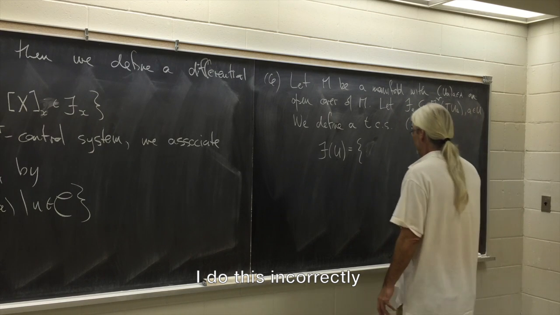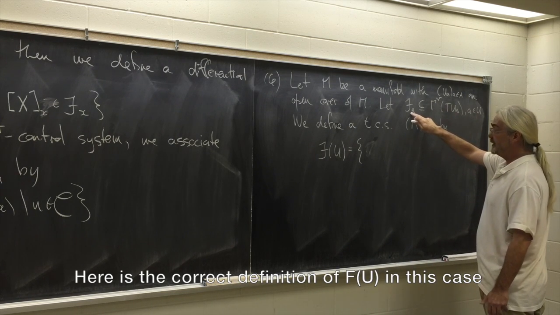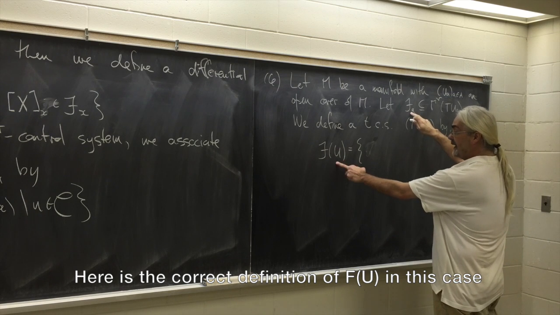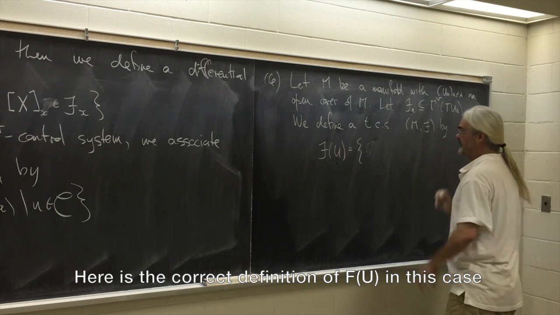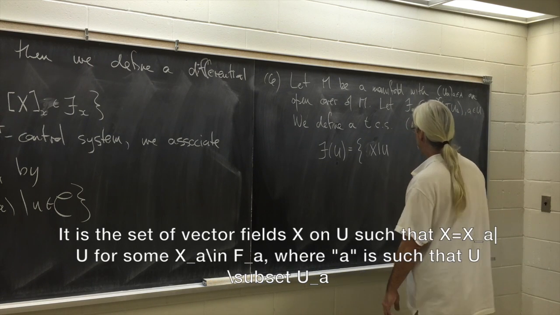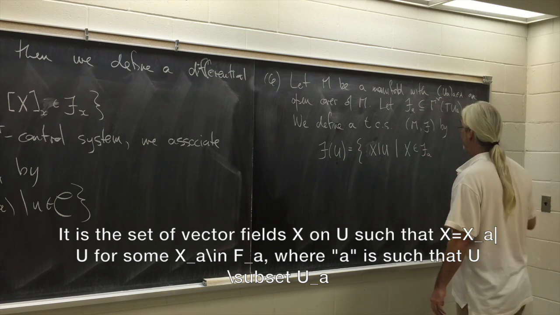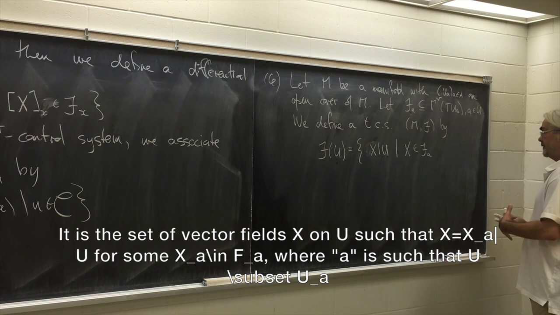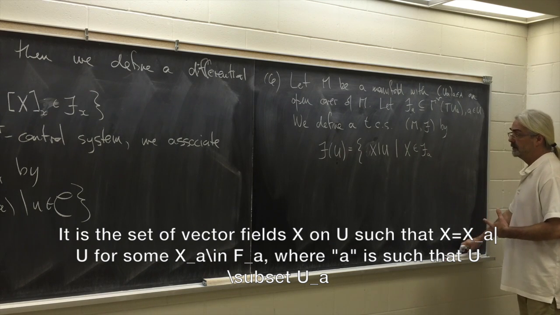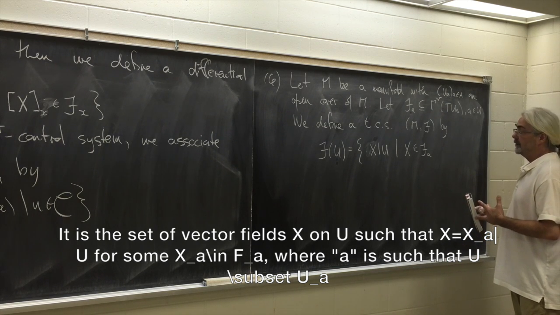I'm going to take vector fields from each of these, for the U_A's which sit inside U. Okay, so what's the best way to say that? It's going to be X restricted to U_A, where X is in F_A, so it's a vector field on U.